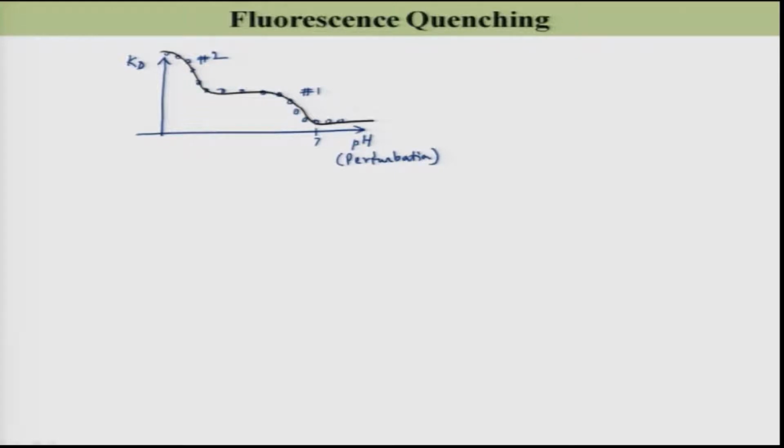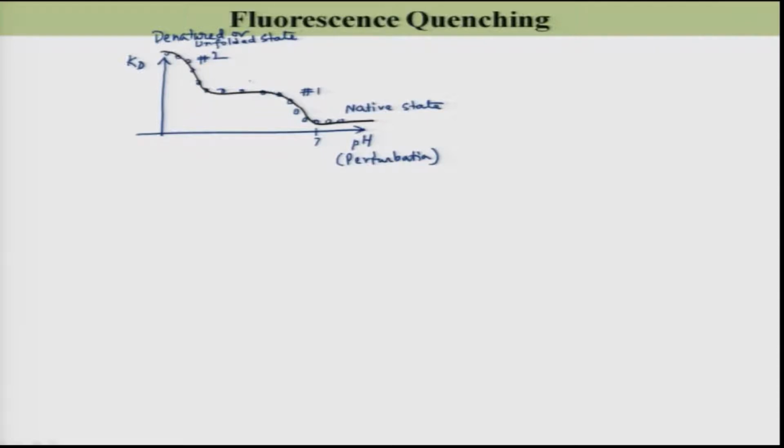If I assign this, obviously the physiological pH is my native state, I assign this as the native state, and this as the denatured or unfolded state.